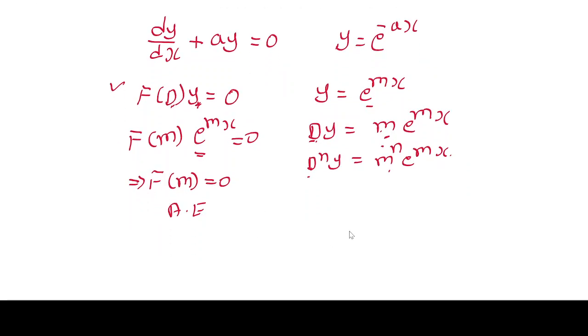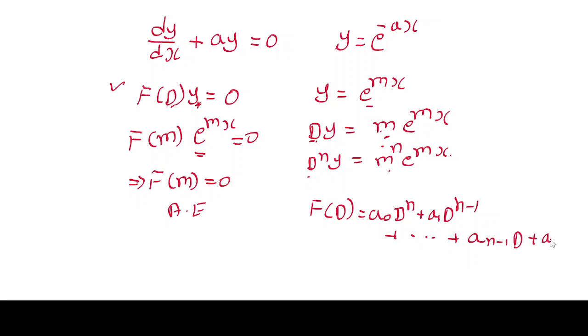Now, if you remember from the previous session, we had f of D is equal to a naught D power n plus a1 D power n minus 1 plus so on plus a n minus 1 into D plus an. Now f of m will be a naught m power n plus a1 m power n minus 1 plus so on, the last term being an, is equal to 0.